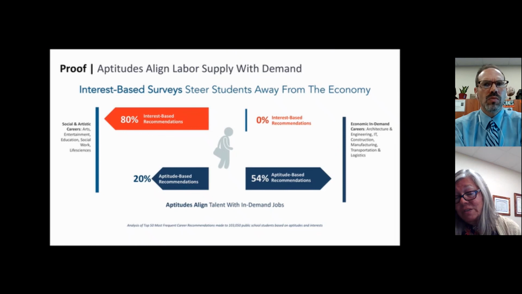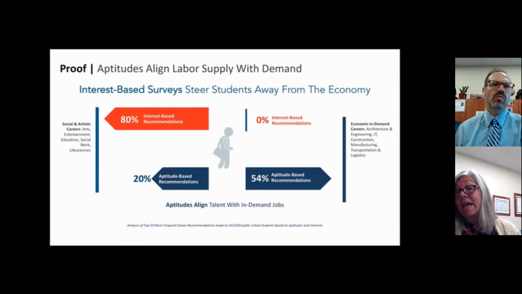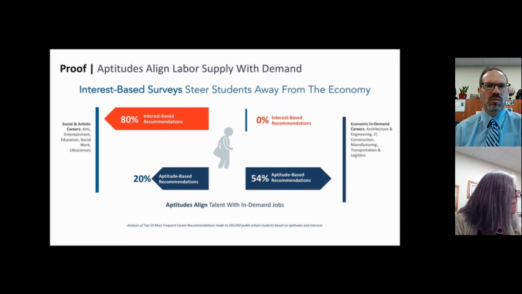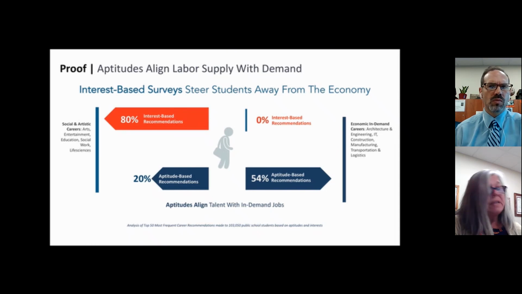Part of the proof of YouScience is how aptitudes align labor supply with demand. And this was, again, a slide taken from YouScience, and this was surveys that went out to over 200,000 students. And this is what they found.